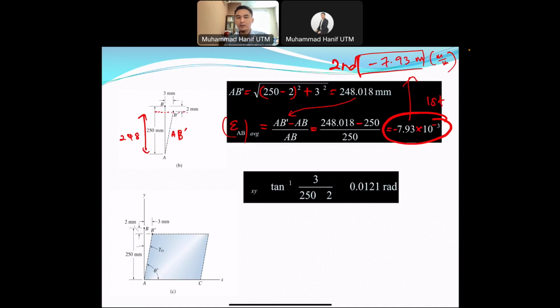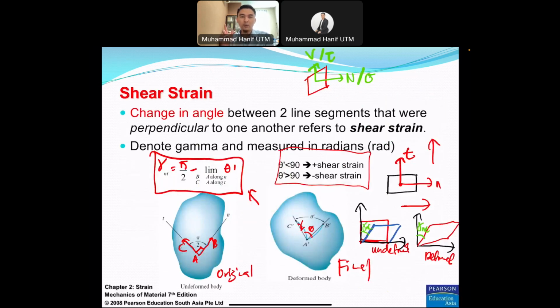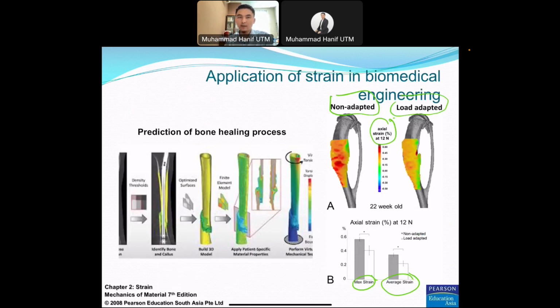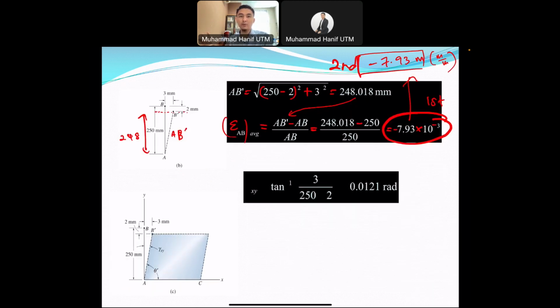No need to find theta prime, and no need to use the equation that I showed earlier, because you can directly get the gamma from the picture. This is what I meant from my previous explanation. In some cases you don't need to use the equation of the shear strain; you can directly get the angle from the picture. So for this case we can get the gamma from the picture itself.